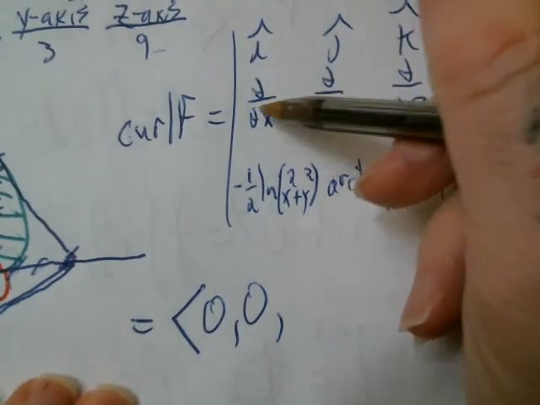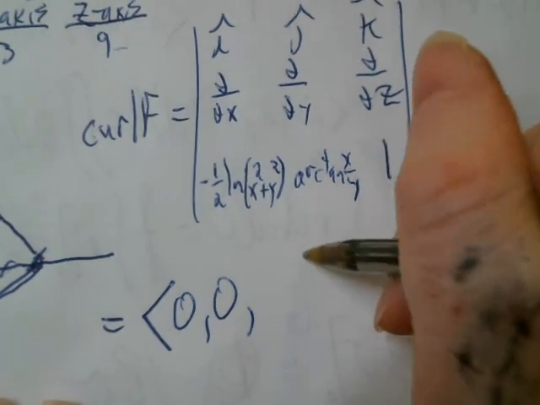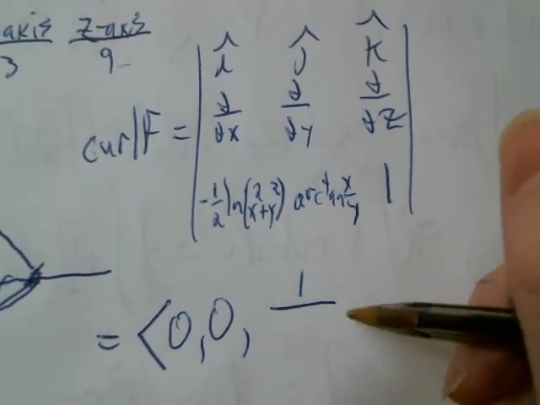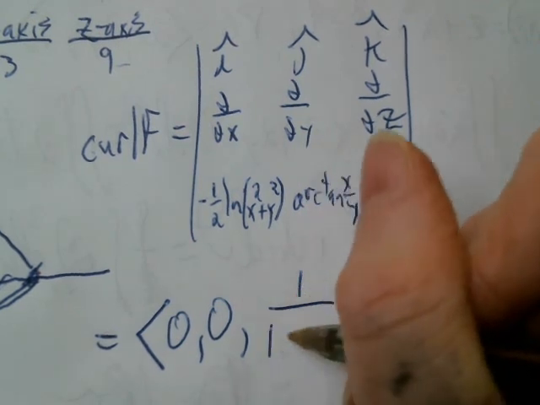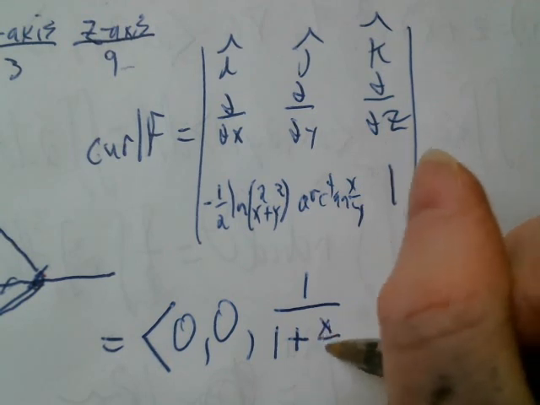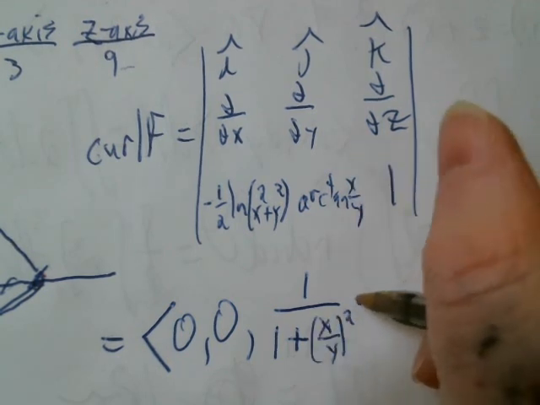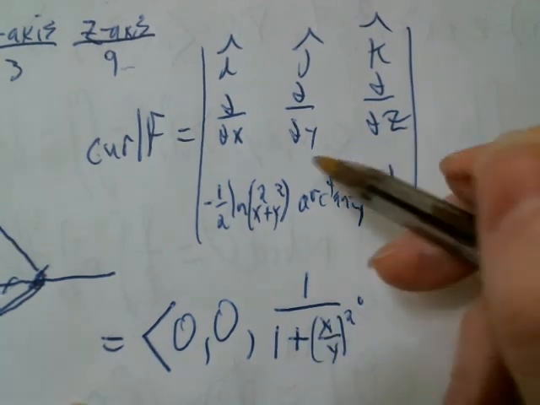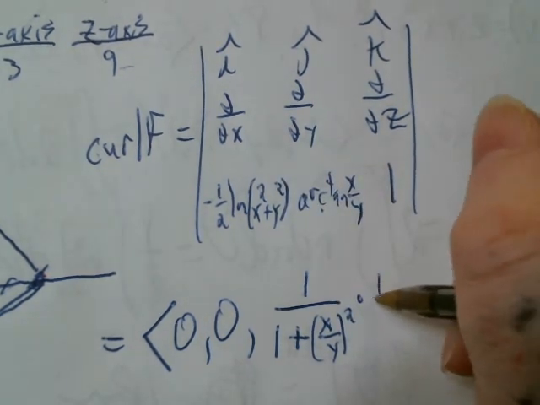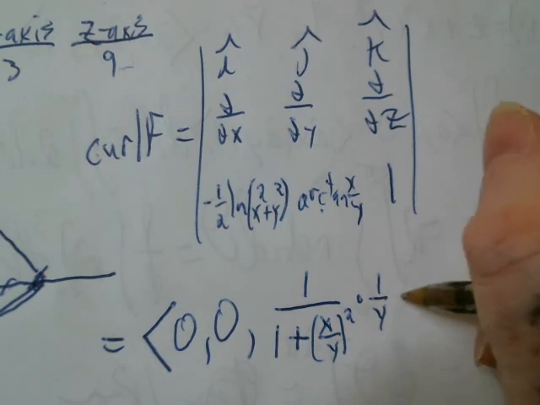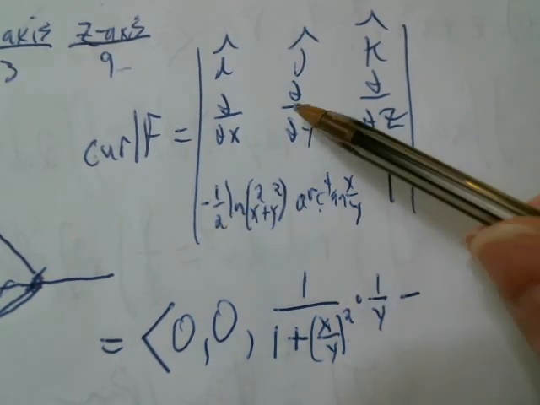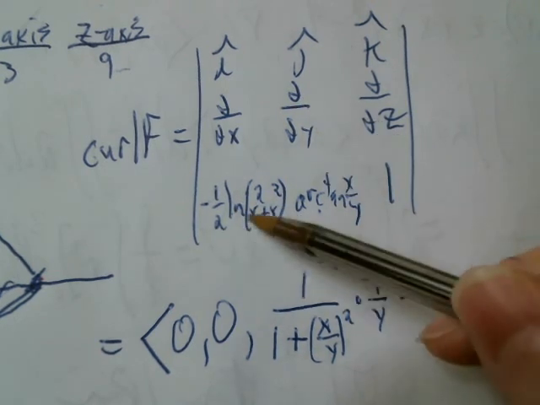Okay, so with respect to x, this thing will be 1 all over 1 plus u squared times the derivative of u, right? So our u is x over y. So 1 plus x over y squared times the derivative of x over y, and we're doing it with respect to x. Okay, so that'll be 1 over y. And then plus, or in this case it'll not be minus because this term is negative, the partial derivative of this with respect to y.